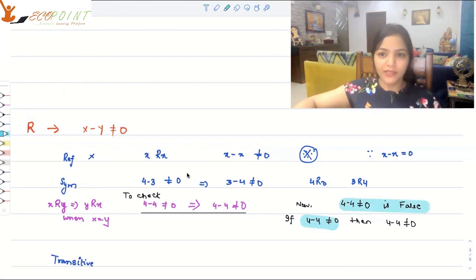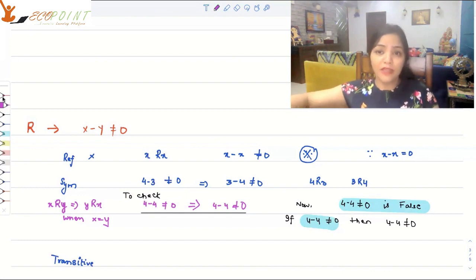This is true. When the hypothesis itself fails, the hypothesis is false in a conditional statement, you assume the conditional statement to be true because you cannot disprove the statement. In order to disprove, this is an if and then statement.